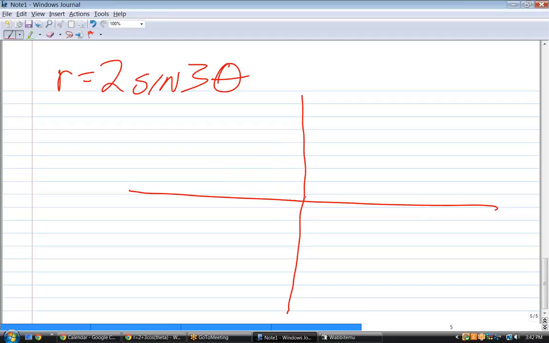As theta counts up, when theta gets to pi over 3, then the sine of 3 theta is equal to 1 and r is equal to 2. So at pi over 3, that's 60 degrees, we would have that point right there, where r would be 2. The distance from the origin to that point is 2.